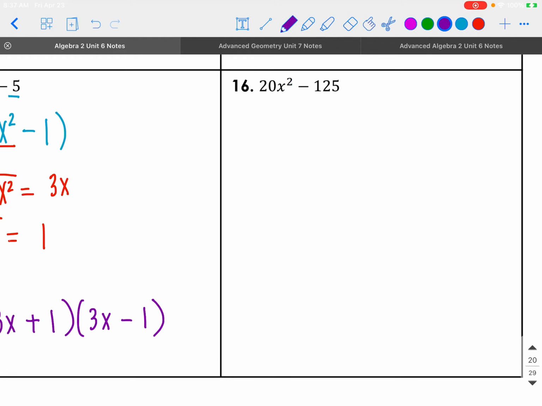And number 16, last one. Do they have anything in common? Yes, you can divide both of them by 5 again. So if we divide by 5, we get 4x squared minus 25.